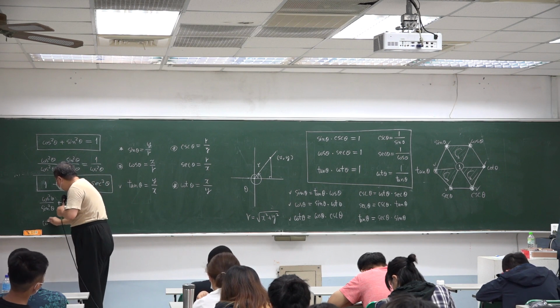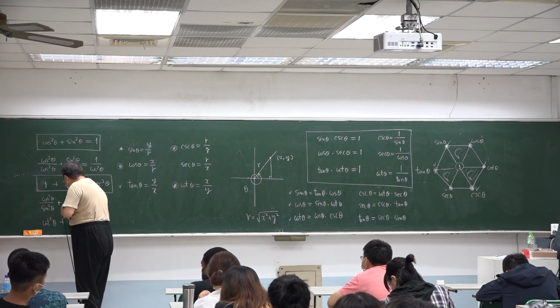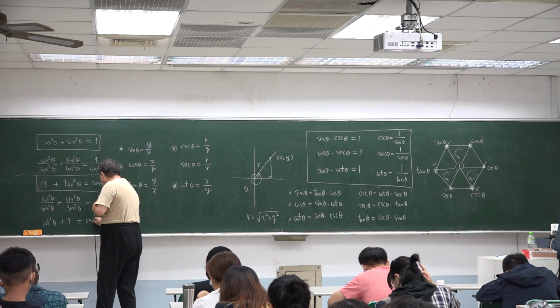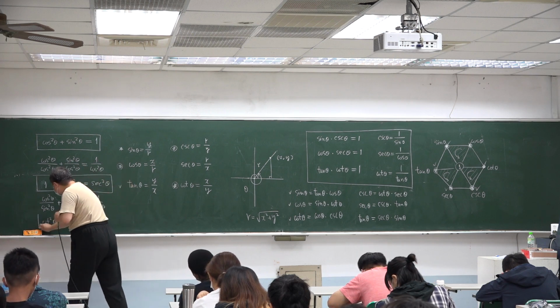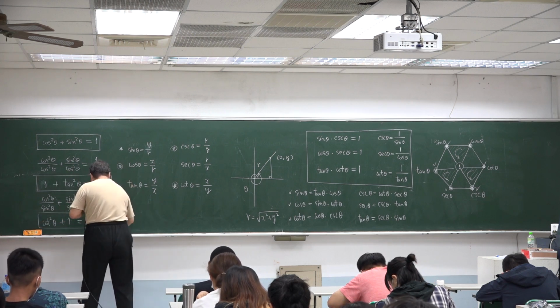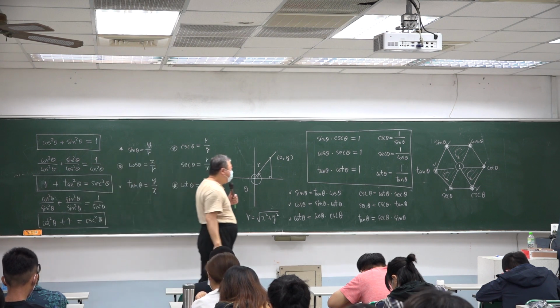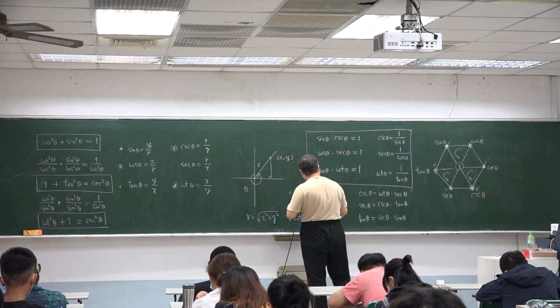We have cotangent squared theta plus 1 equals cosecant squared of theta. So we have the 3 rules.